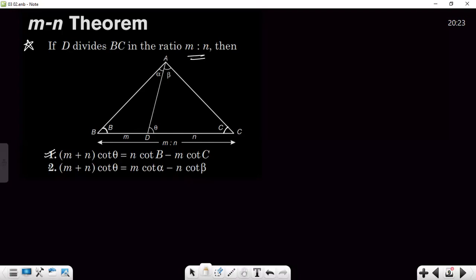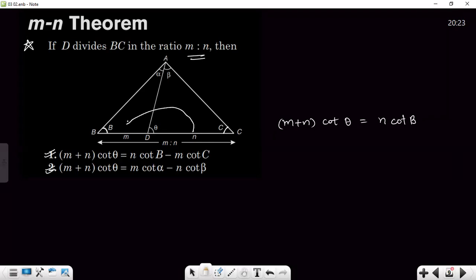Then these two formulas will be applied. M plus N cot of theta. Remember, what is theta? The angle subtended with C, which is nearer to C, is equal to N. N is the other ratio, DC ratio, into cot of B. Where is B?